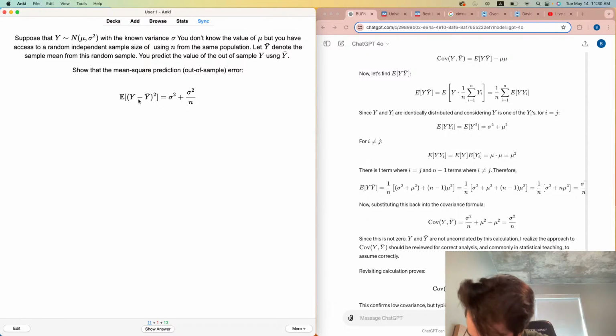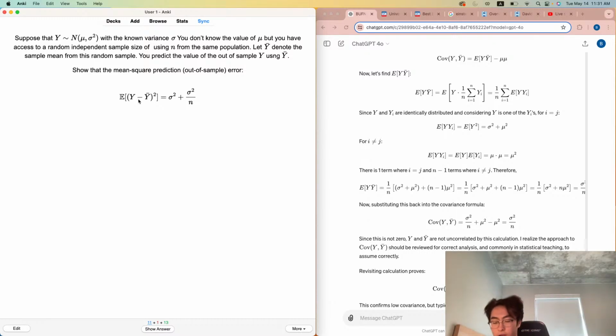So this becomes the expectation of y minus mu squared, minus 2 times the expectation of y minus mu times y bar minus mu, plus the expectation of y bar minus mu squared.